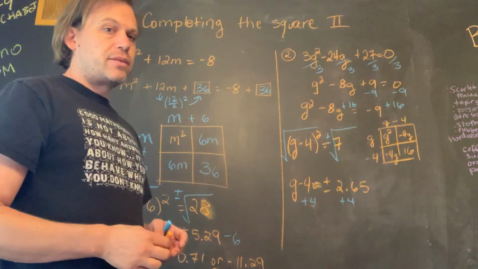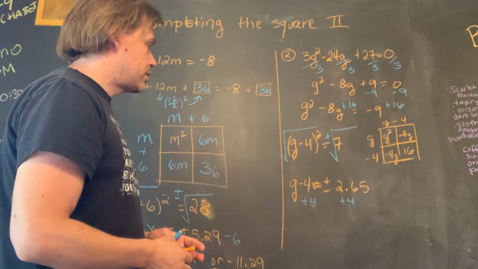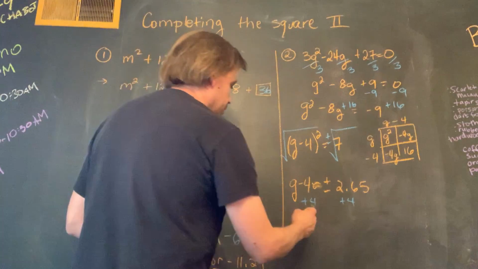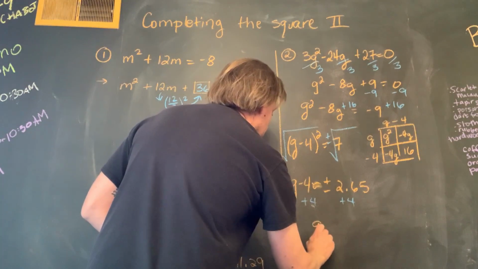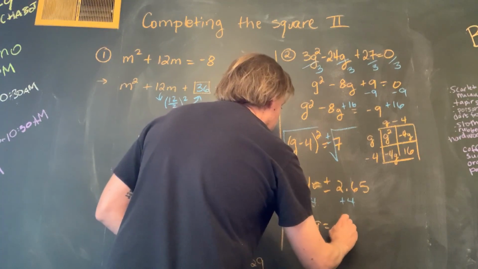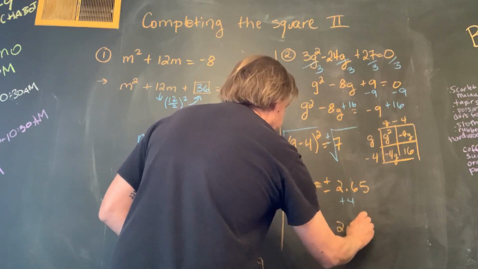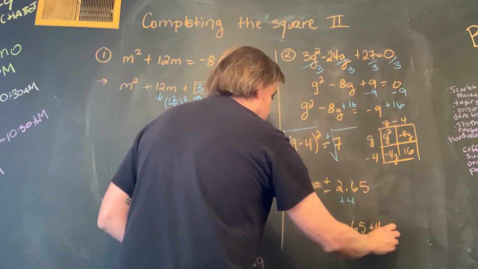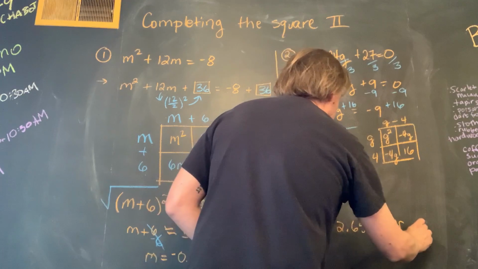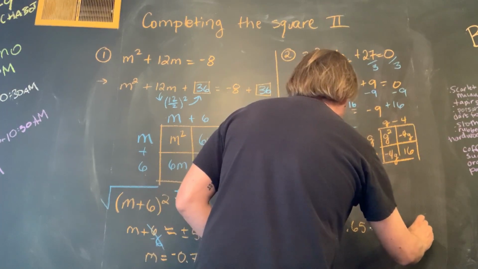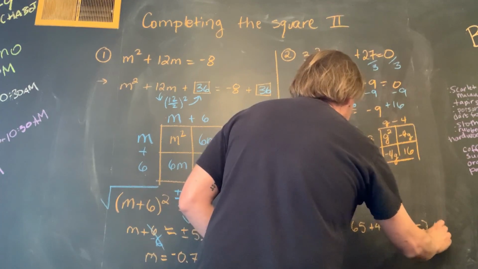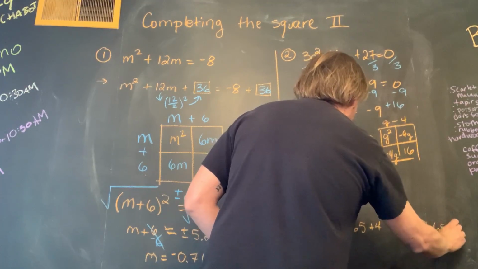So when I do all of that, I get two possible answers. I get g is equal to 2.65 plus 4, or negative 2.65 plus 4.